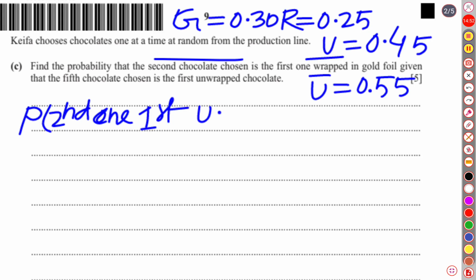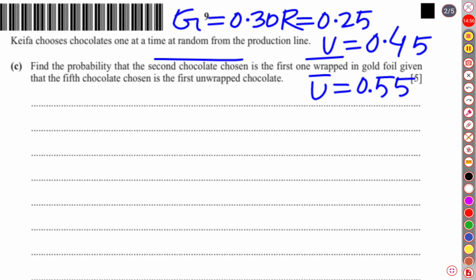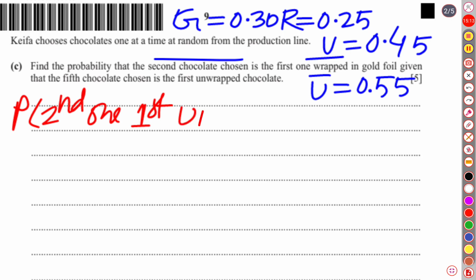I think I should change the color of the stylus. It should be red.